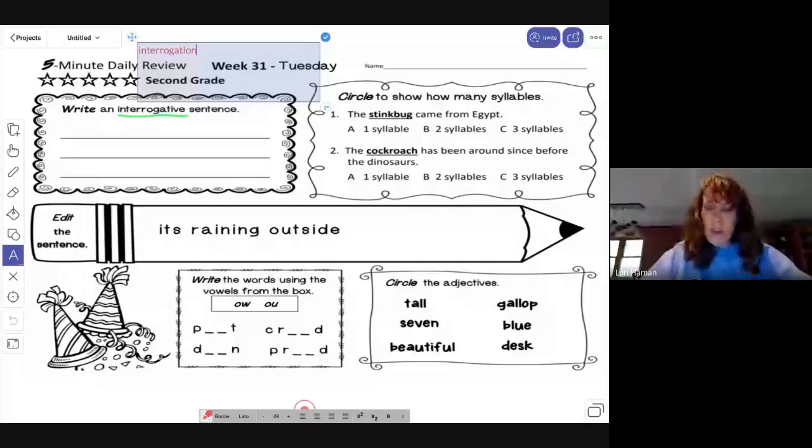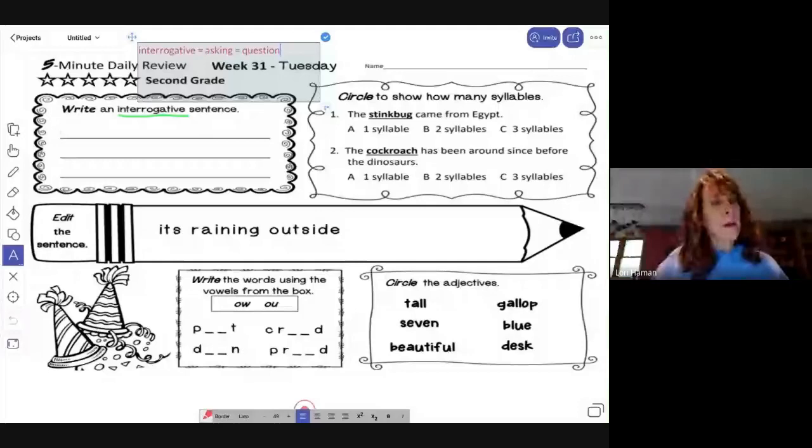We have the activity to write an interrogative sentence. You might have forgotten what interrogative means. Interrogative is the word you want to know. For third grade, that means asking a question.